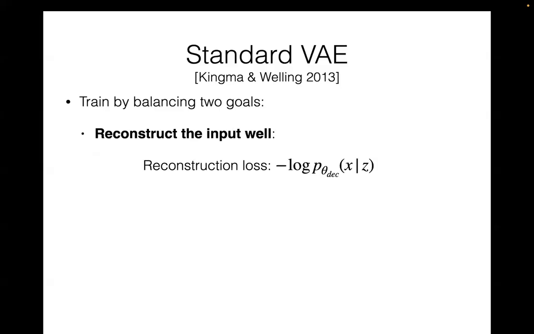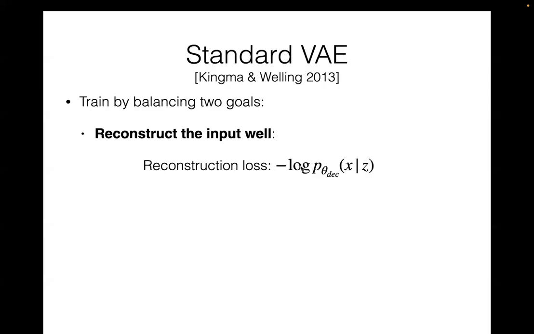Here we can look at the objective, and then I'll go through the derivation just so that you've seen it. But we can look at the result of the derivation first. The way that you train this breaks down into two interpretable terms. First we want a loss term for reconstructing, for the decoder.